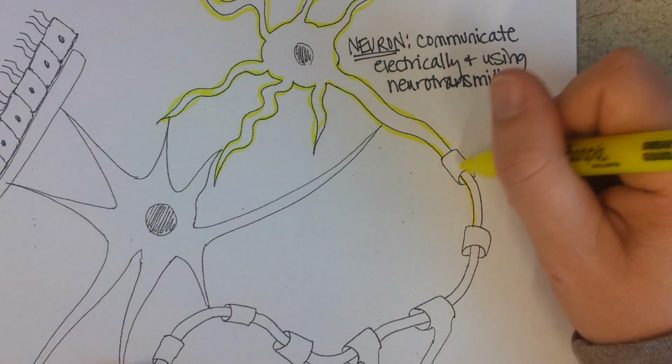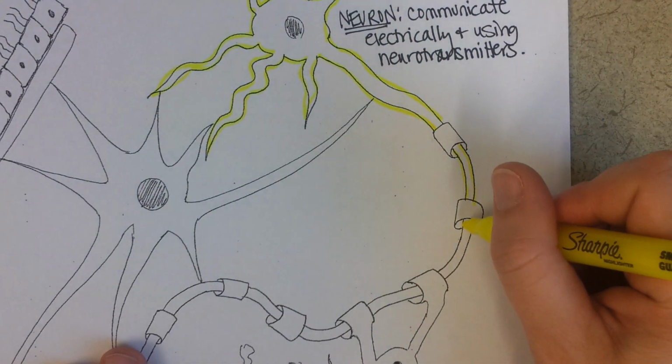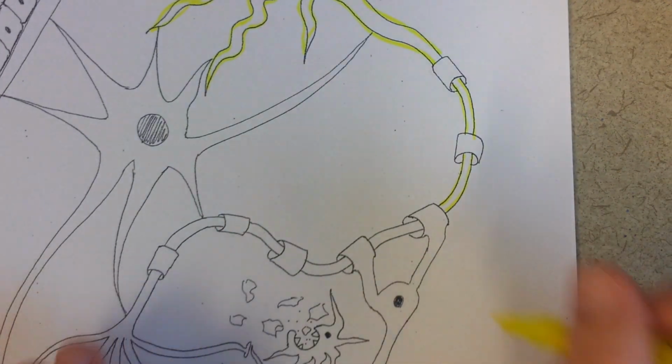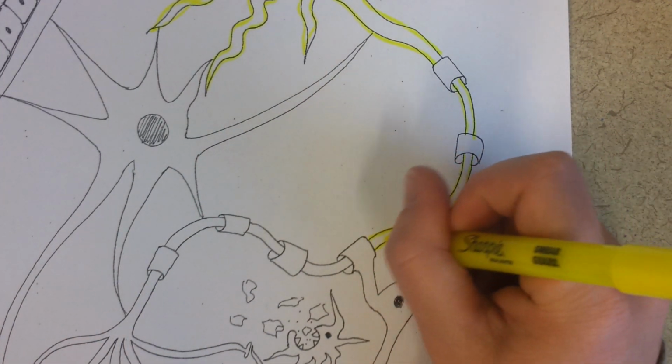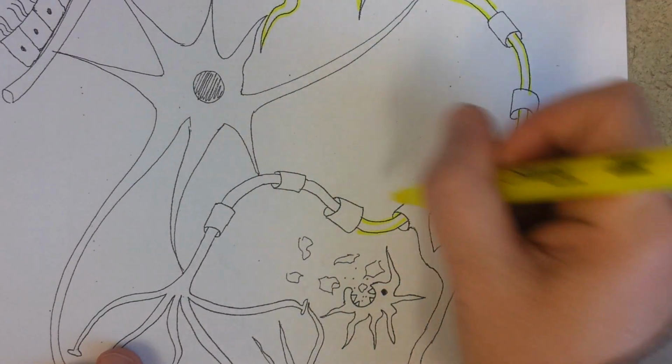And that little roll around it right there represents myelin, which is fat, and that's what insulates axons so that the electricity can make it all the way to the end of this long axon.